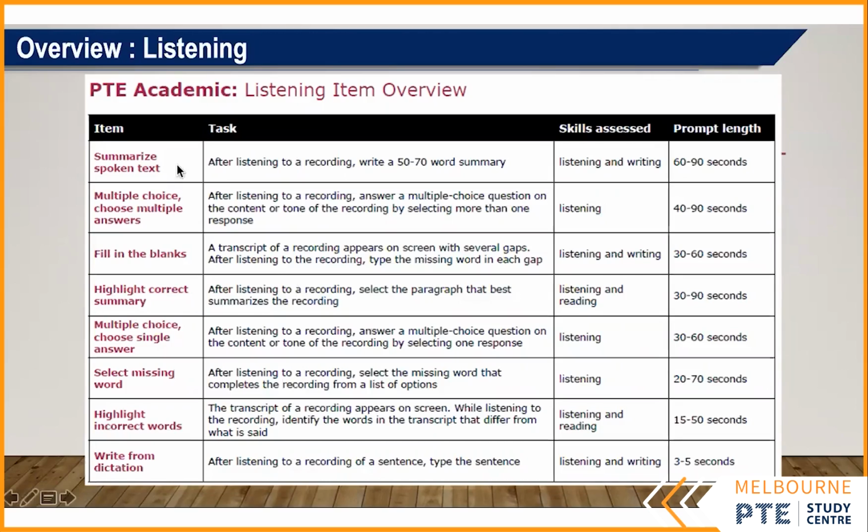It means that summarize spoken text gets its own allocated time. I mean, you get 10 minutes only for summarize spoken text. Once that 10 minutes expires, it takes you to the next question. Okay? Understand? But for the rest of them, you have to know how to manage the time.